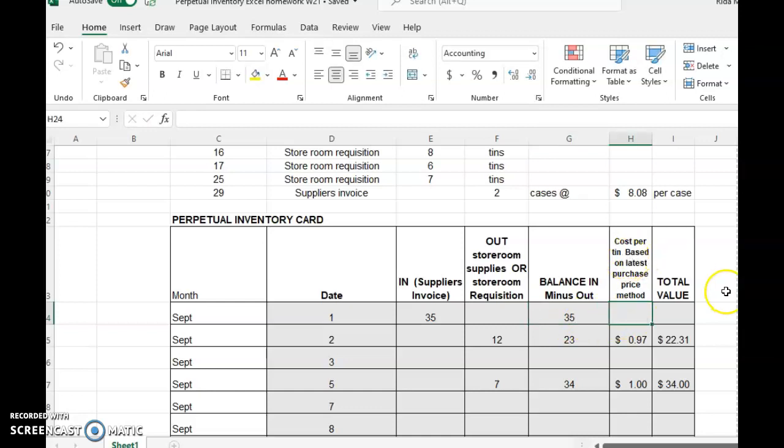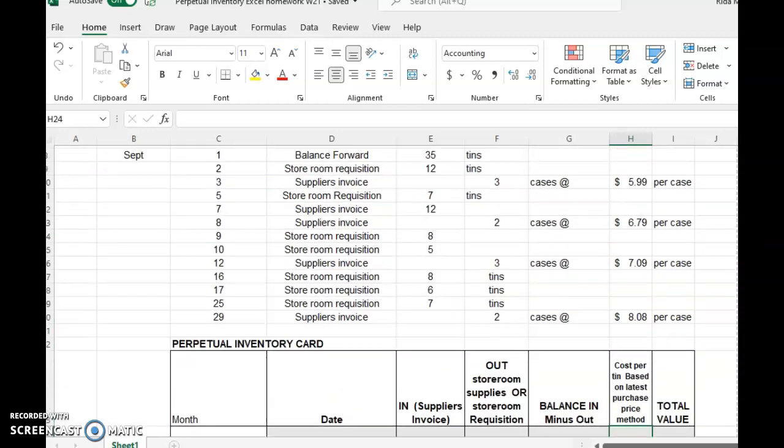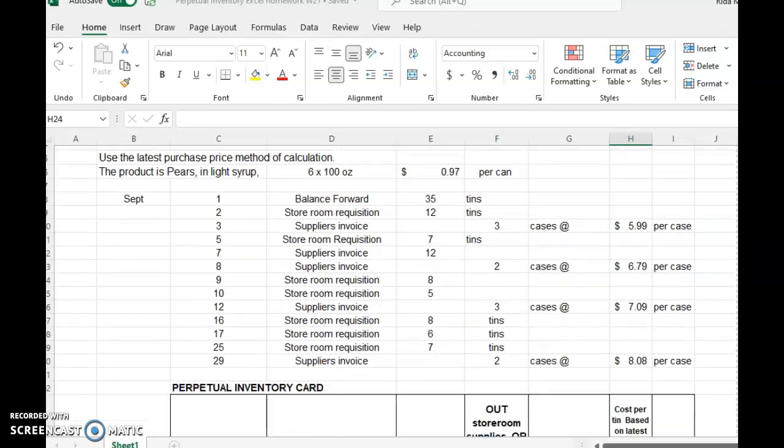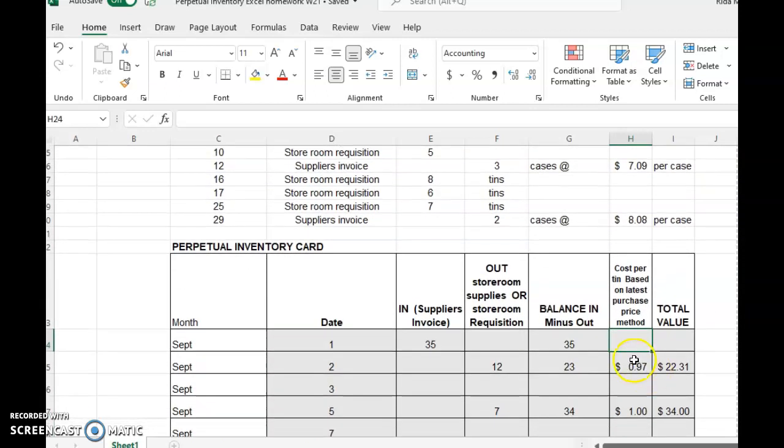The cost per tin would be on the top over here. It says 97 cents per can, so we would use that value as our cost per tin, 97.